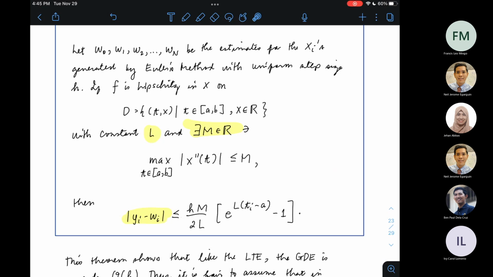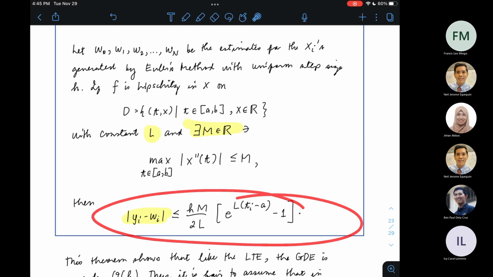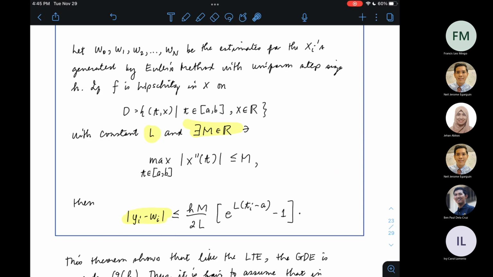So ito na yung parang quantification natin para dun sa error. Sure tayo na in the worst case, the global discretization error for every i will just be around this number. Okay? And again, yung initial hint ko kanina na ayaw paniwalaan ni Ivy, dapat si H paliitin ko lang ng paliitin, nasusustain pa rin ang Theorem 10.3 na kapag si H ay pina-approach ko ng 0, ibig sabihin, itong GDE ay bounded by a very small number.